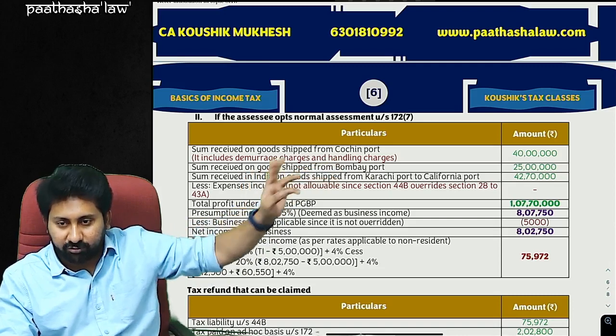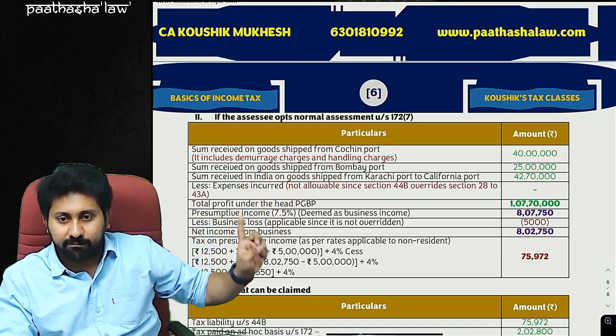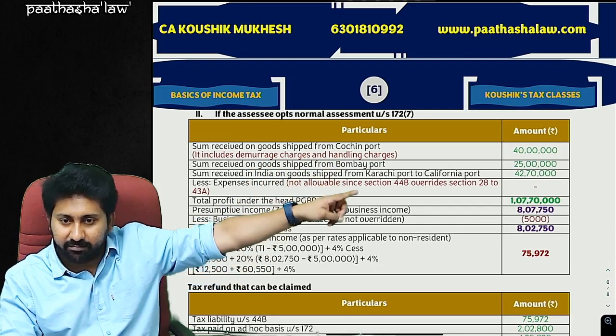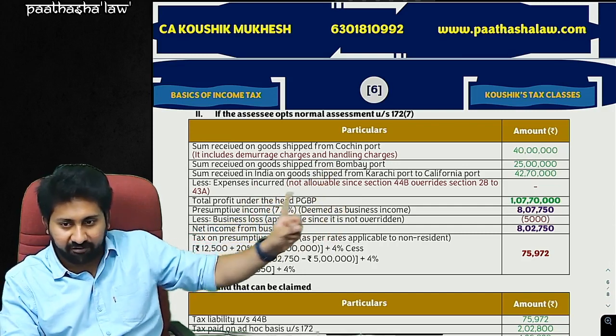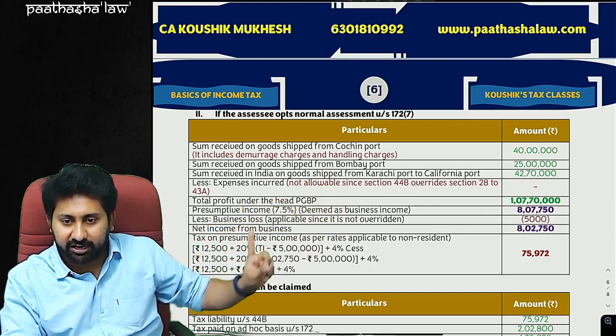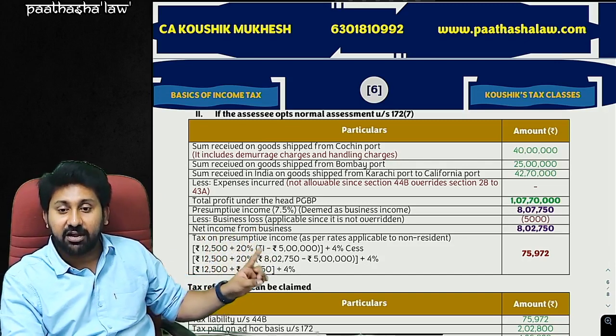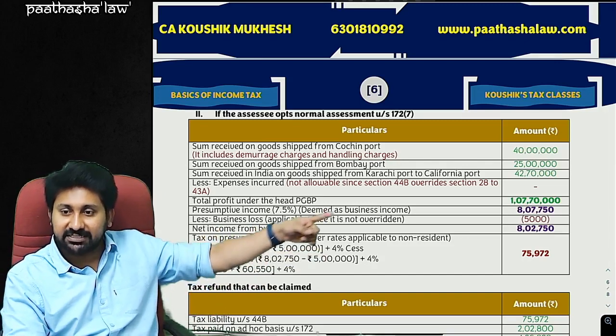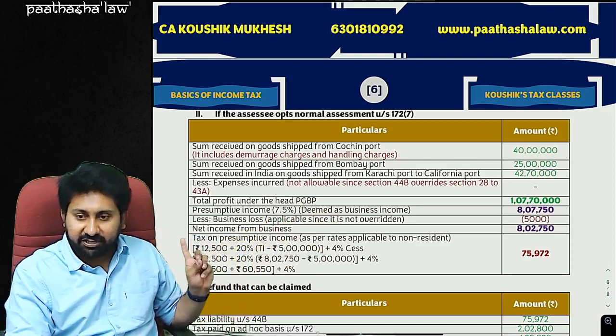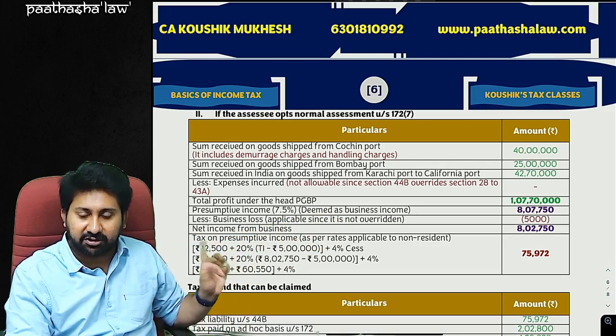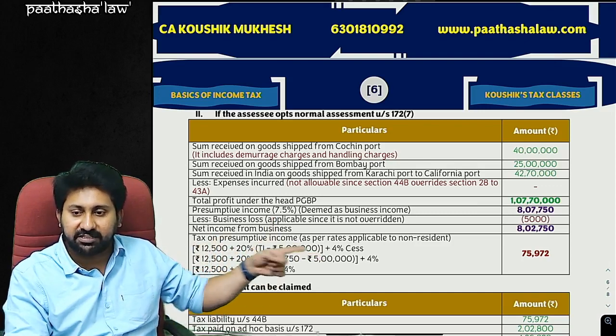Sum received on goods 42,70,000, less expenses. Total profit under PGBP this much. Presumptive tax 7.5. Business loss is deducted. Net income from the business. Non-resident tax rates will apply. 12,500 plus 20%, 4% cess. First 5 lakh, 12,500 will apply. Above 5 lakh, 20% will apply plus 4% cess.